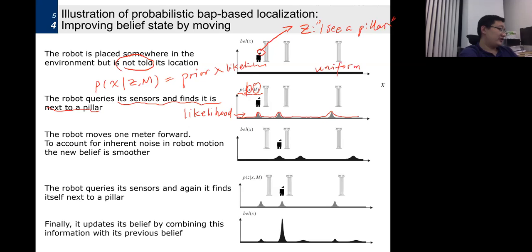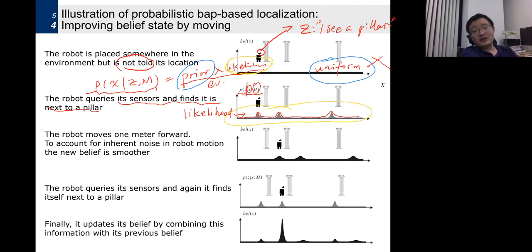So this prior times the likelihood, after normalization, dividing by the evidence, gives what? With normalization, the uniform has no effect, so this posterior is identical to the likelihood.